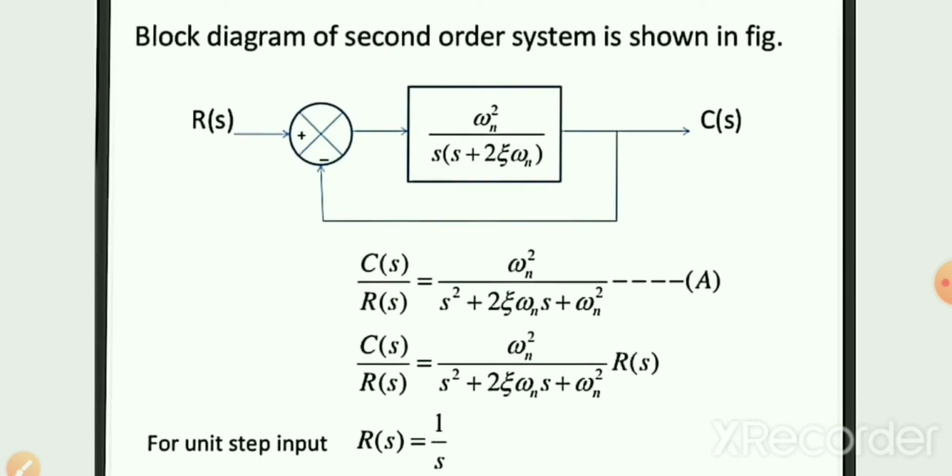This is the block diagram of a second order system. Now, how can you say the system is a second order system?